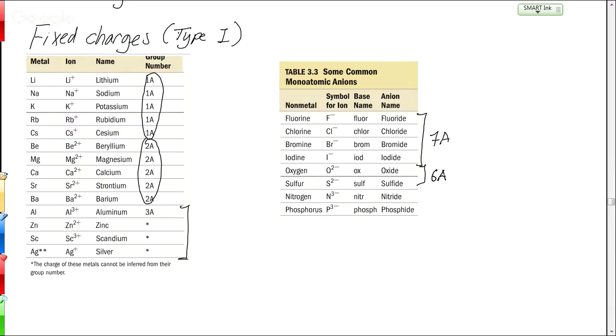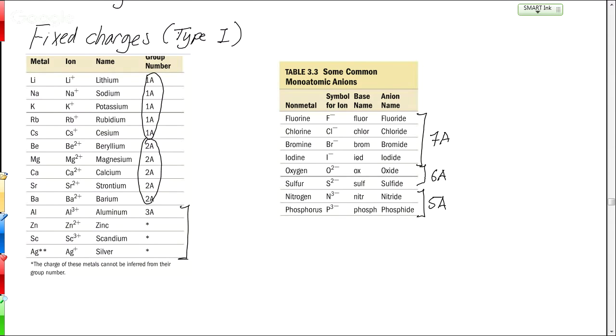You've got oxygen and sulfur at 6A. And then you've got nitrogen and phosphorus in 5A, so -1, -2, -3, going from right to left. And actually, they're not on this table. This table is just some, but things like selenium and tellurium can also fit in those same columns.